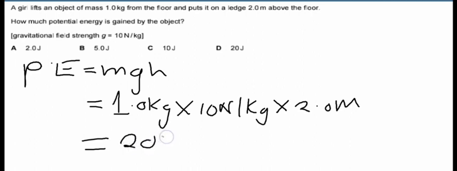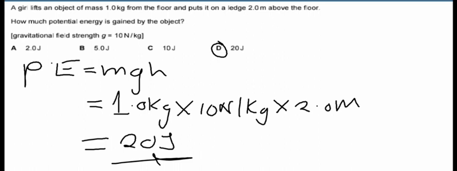So the mass we have is 1.0 kgs multiplied by the acceleration due to gravity, which is 10 newtons per kgs, multiplied by the height, which is just 2.0 meters. Then when I multiply, I'm going to get 20 joules. Usually potential energy is just measured in joules. So the answer is just going to be D.